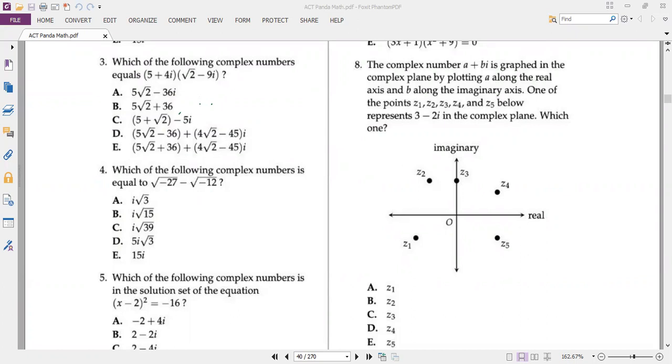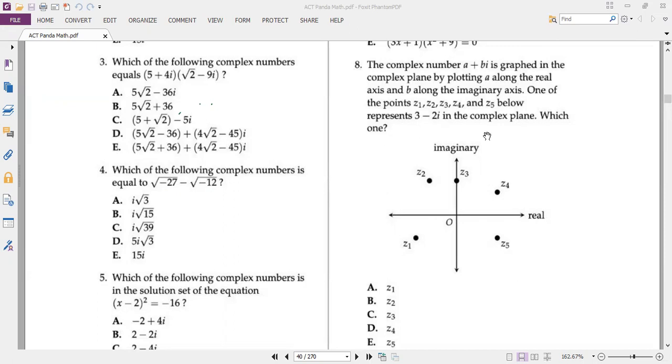So just write 5 plus 4, shift i, close the product, then another product, radical 2 minus 9, shift i, and check the answer. This is our answer, number E. Okay, very, very easy, I think.